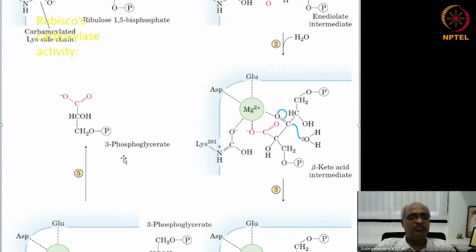You already know what can happen to 3-phosphoglycerate. The reverse reaction that we saw in glycolysis will give glyceraldehyde 3-phosphate, and glyceraldehyde 3-phosphate by isomerization can become dihydroxyacetone phosphate, and if they join, they can become fructose 1,6-bisphosphate, and then you go all the way back to glucose.